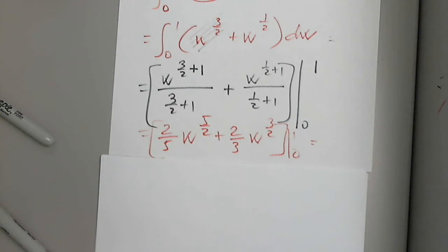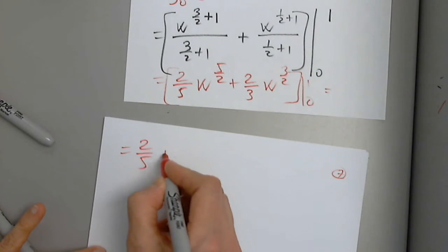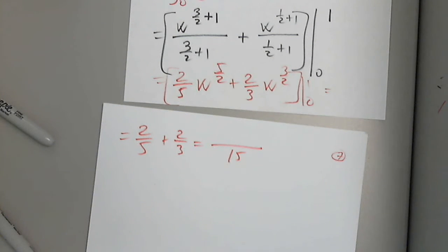Okay, so we are lucky because we only plug in 1. So this is 2/5 plus 2/3. The least common denominator is 15. And please tell me how to adjust the top. What do I do? I multiply the top of the first fraction by 3 and the top of the second fraction by 5.